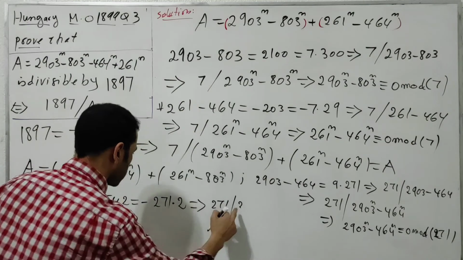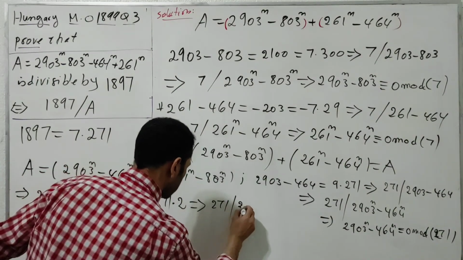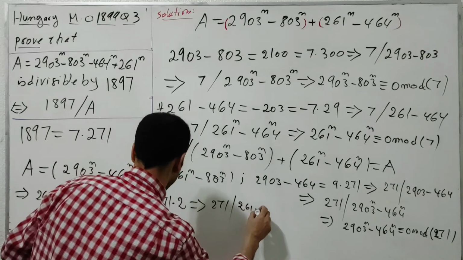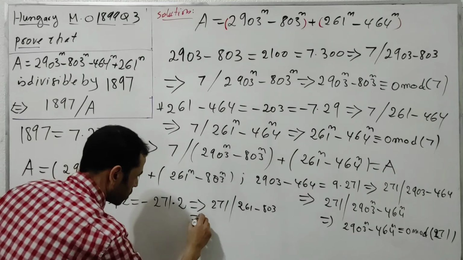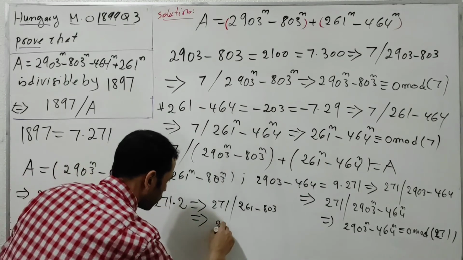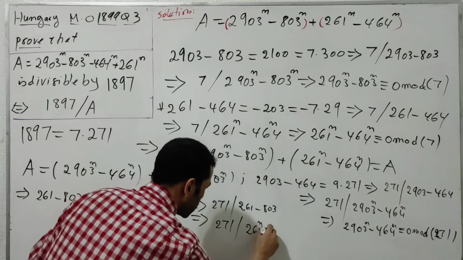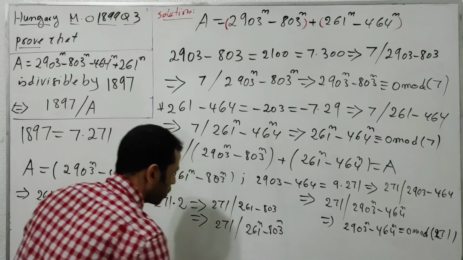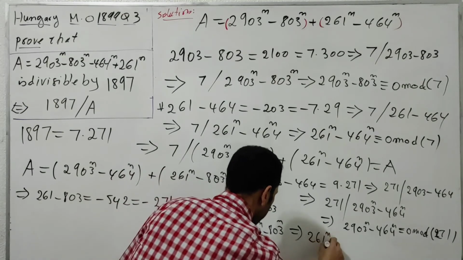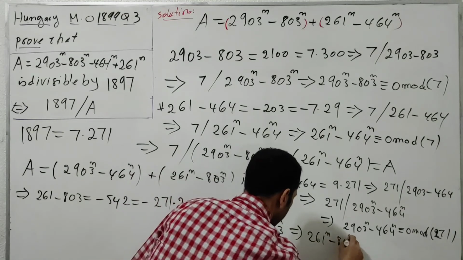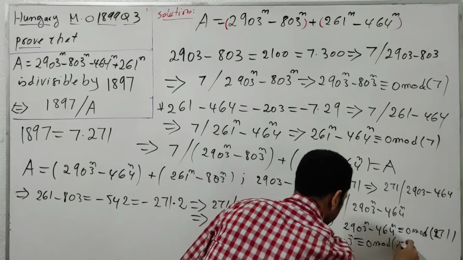This is telling us 271 divides the difference of these two numbers, 261 minus 803, which means 271 divides 261 to the n minus 803 to the n. This implies 261 to the n minus 803 to the n is congruent to 0 mod 271.